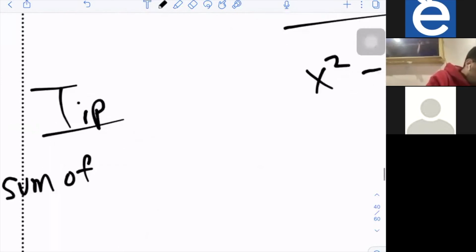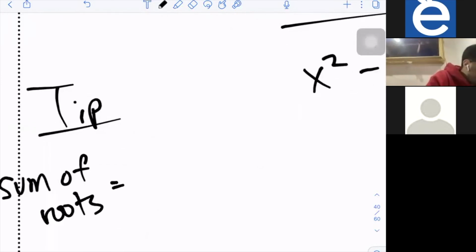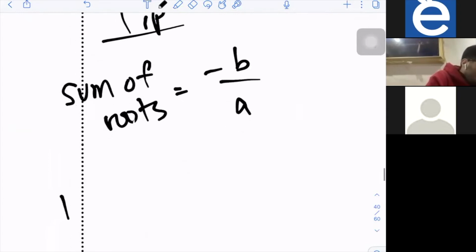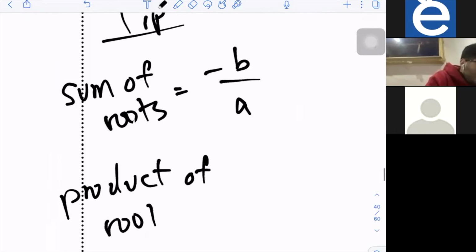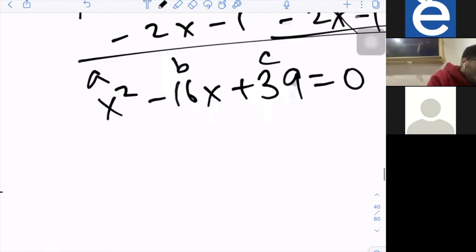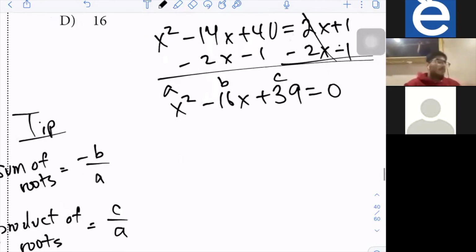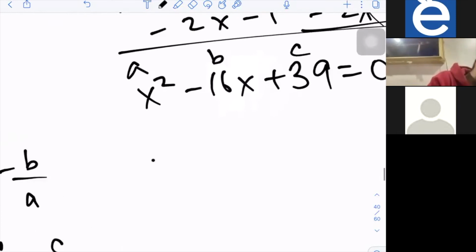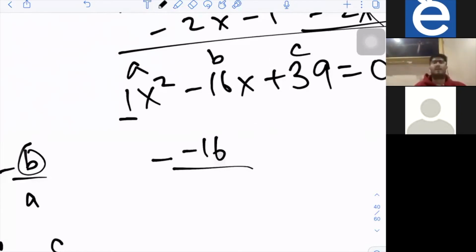The sum of roots is basically negative b over a of the equation, and the product of roots is c over a. So this would be our a, this would be our b, this would be our c. So the sum of the roots in this case would be negative b, which is negative 16, over a, which is just 1. Because if x squared does not have a coefficient, you know it's 1.